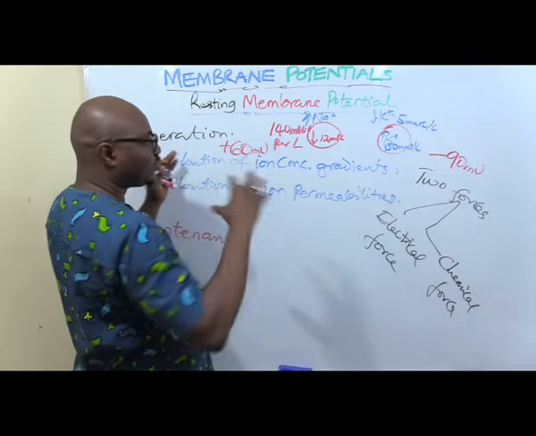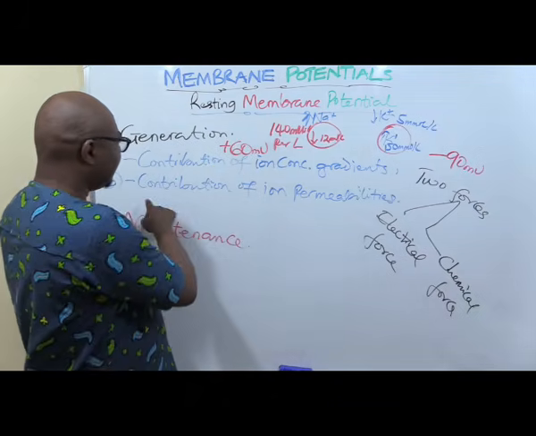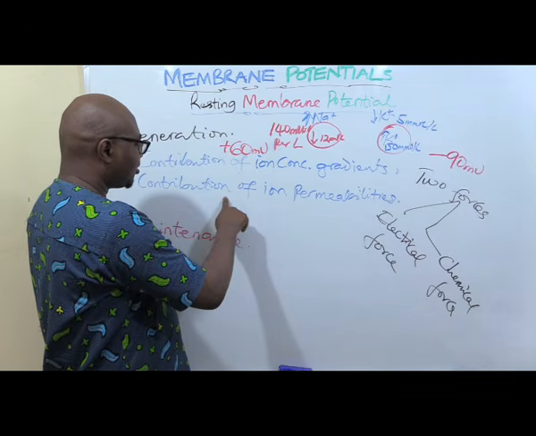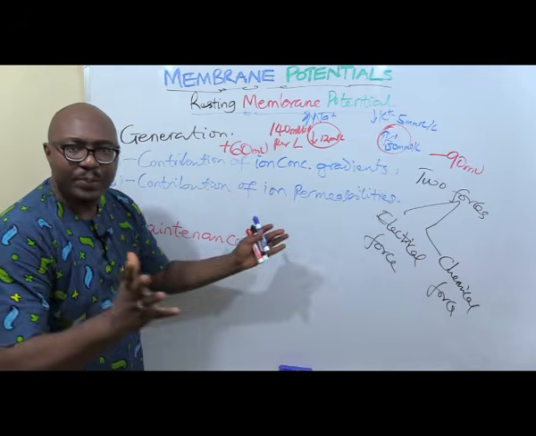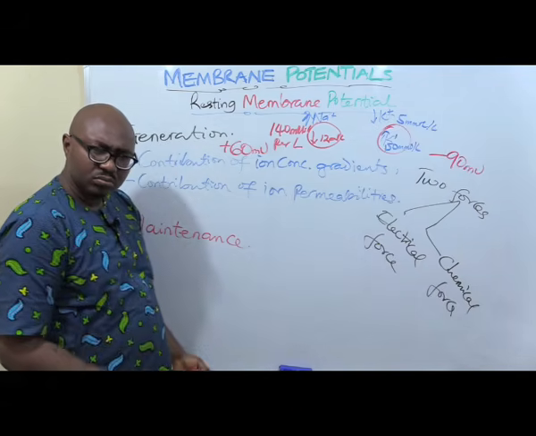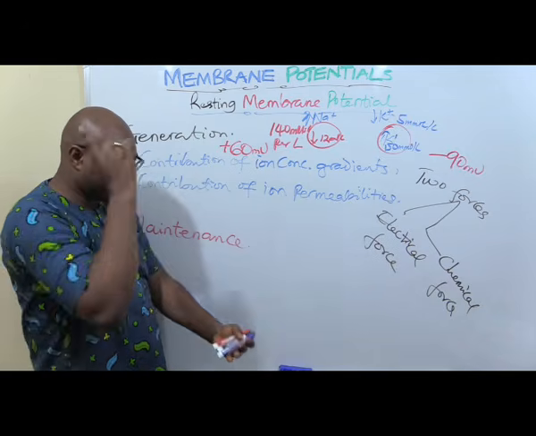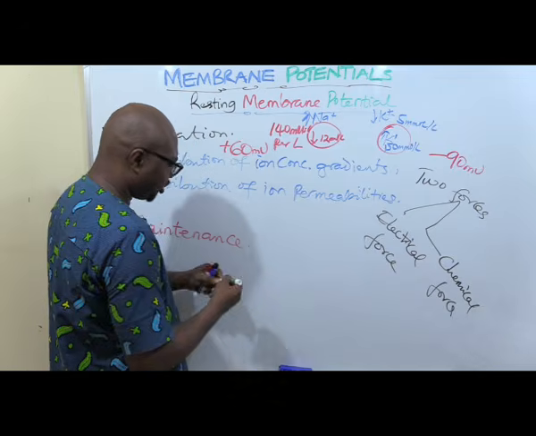Now let's put them together in one cell. That leads us to what? The contribution of ion permeabilities. It now happens that in a cell, there's what is known as leak channels.